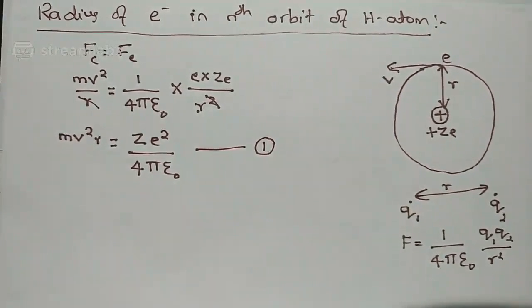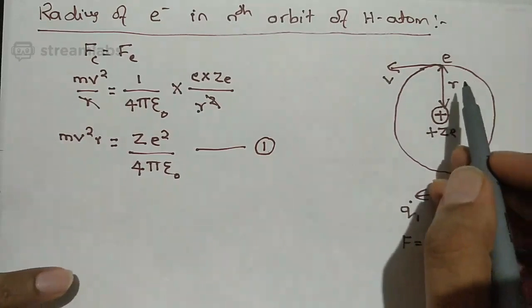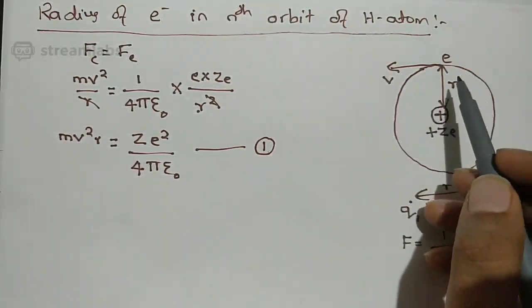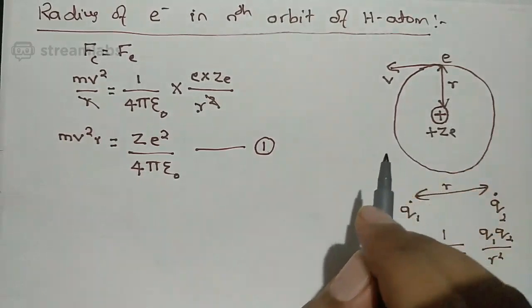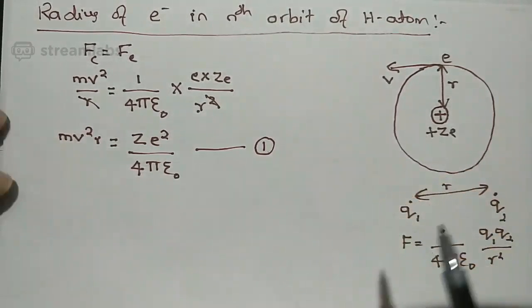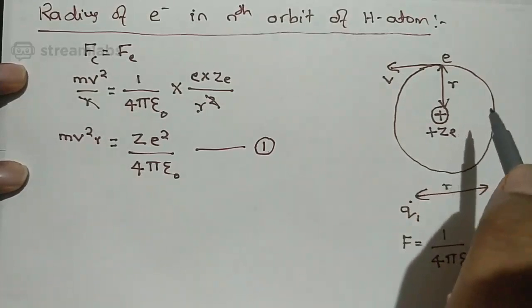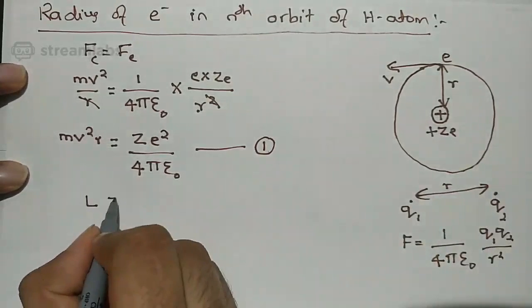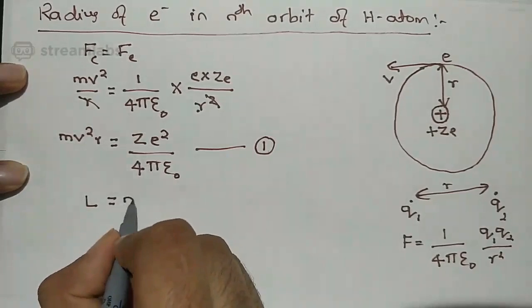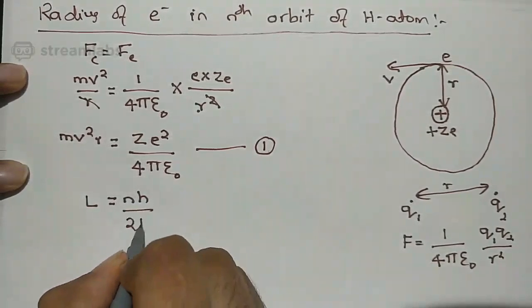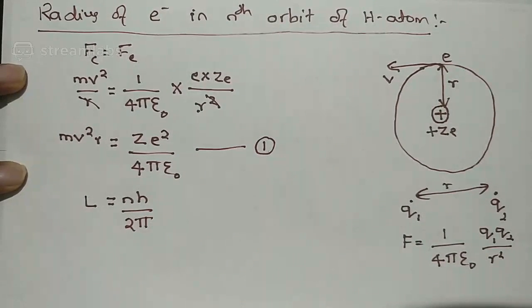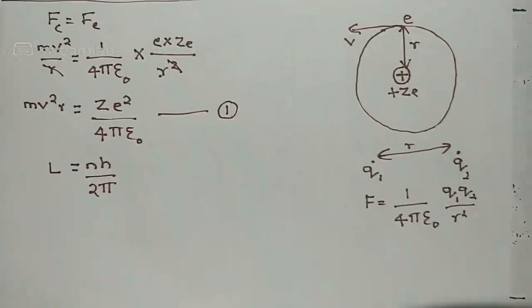I told you we are deriving here the radius of the electron in the nth orbit based on Bohr's model. So we will use the second condition of Bohr's model, that is the angular momentum of the electron in the nth orbit. Can you guess what is the answer? L equal to n h by 2 pi. Now, what is the expression for L?